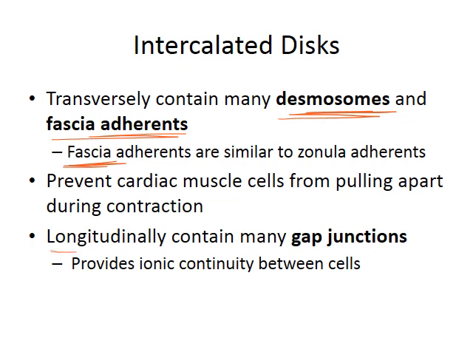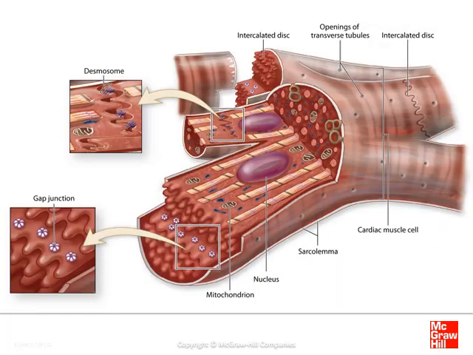Now, when we look at them longitudinally, there's going to be a lot of gap junctions. This is going to allow cell-to-cell communication, which will allow that rhythmic contraction that we see in our cardiac muscle and allow for a nice ionic continuity between cells. So here's our cross section of a cardiac cell with our intercalated disc nicely zoomed in, where we have our desmosomes located, and this is going to help hold the two together.